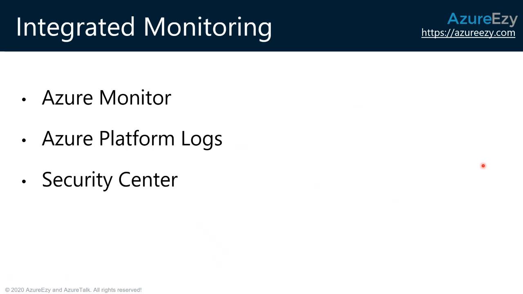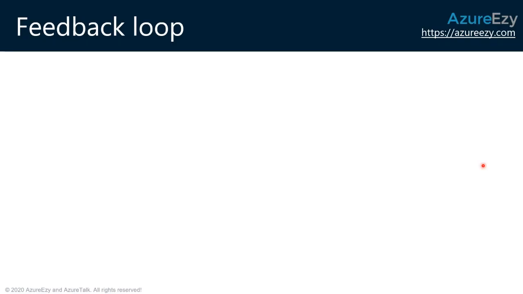For that you have Azure Security Center, which can integrate with your existing Azure resources and can give you a comprehensive look at the security monitoring aspect of your application.